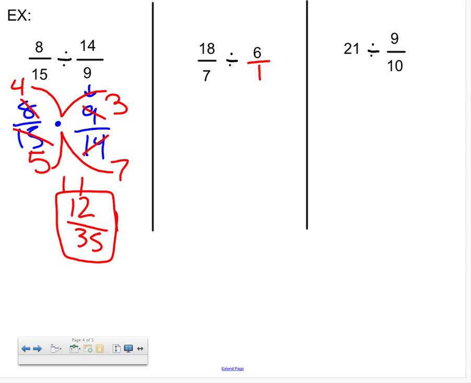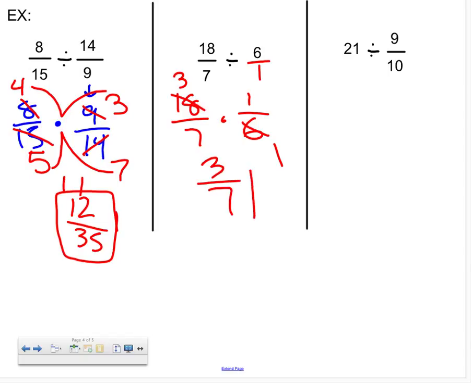So in the second problem, I would rewrite my first fraction, because that doesn't flip. 6/1, turn to 1/6, and then, as I did before, cancel and multiply. So 18 and 6 can both be divided by 6, actually. And then now I really have a simple multiplication because my second fraction is just 1/1. So 3 times 1 is 3. 7 times 1 is 7. Bing, bang, boom.